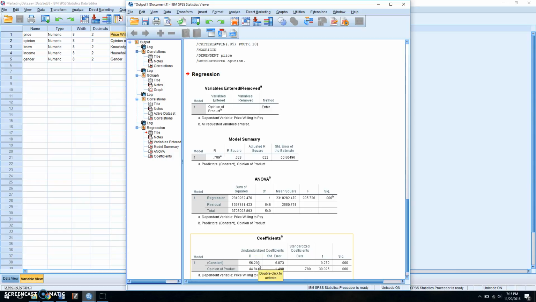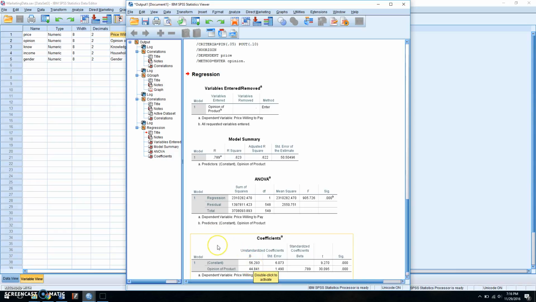The slope of the line, the thing we multiply by someone's opinion, is 44.841. This means that for every 1 extra point on the opinion scale, people are willing to pay $45 more for the phone. That's technically what it means. And as far as we're concerned, this is the important stuff, just these two numbers.